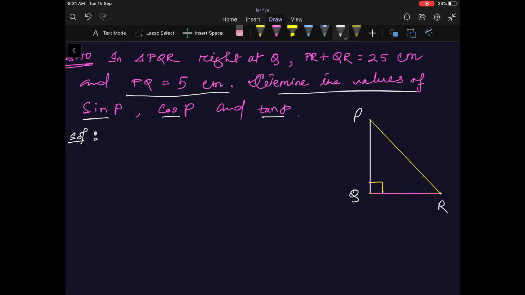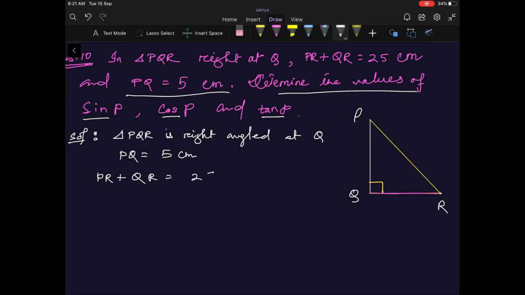Here it is given that triangle PQR is right angle at Q, and PQ is 5 centimeter, and it is given that PR plus QR is equal to 25 centimeter.